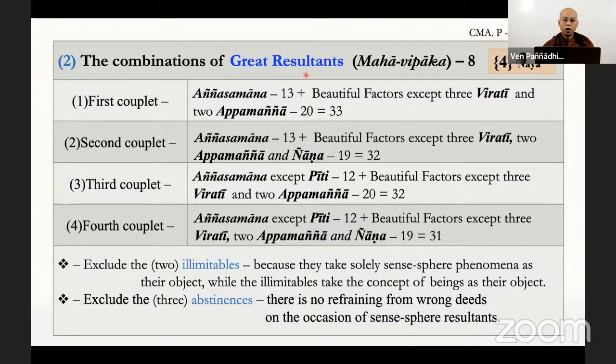If we know which consciousness can perform how many functions, and what kind, we know more clearly.